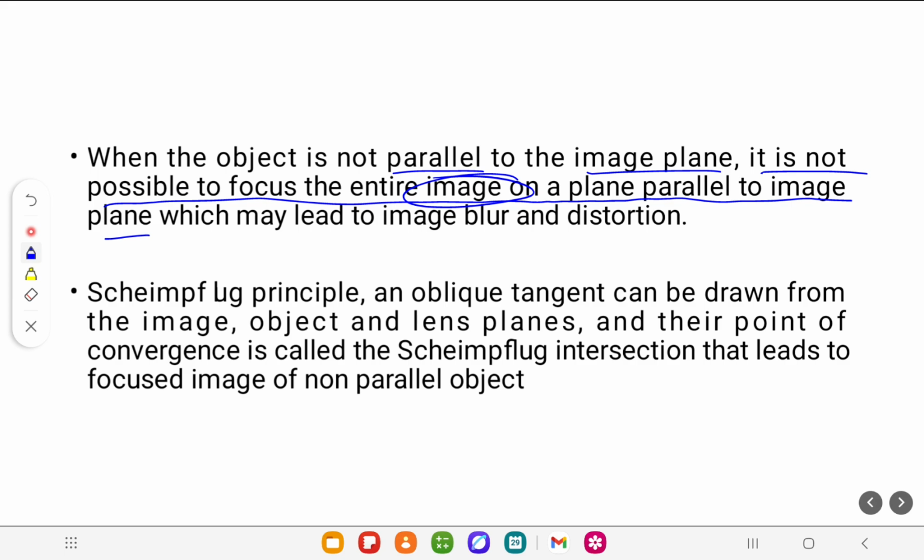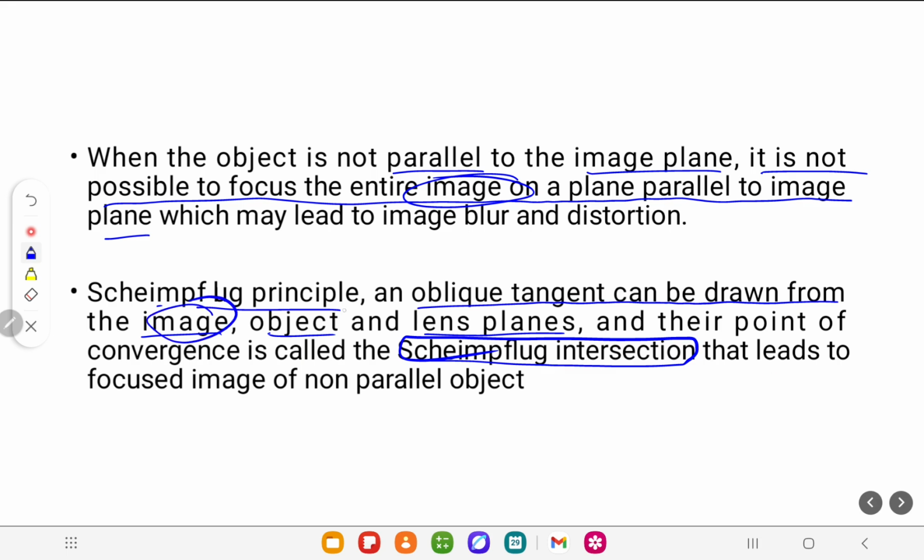So what the Scheimpflug principle does is create tangents drawn from the image plane, the object plane and the lens plane, three planes, and their point of convergence is called the Scheimpflug intersection, and that leads to focus of the non-parallel object. Okay, what is the precondition for that?